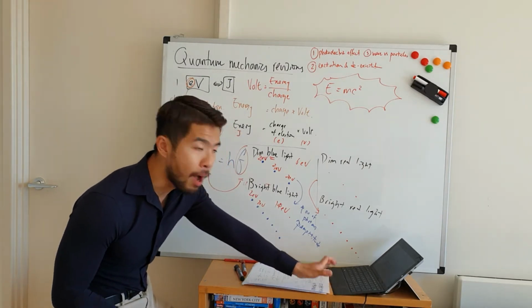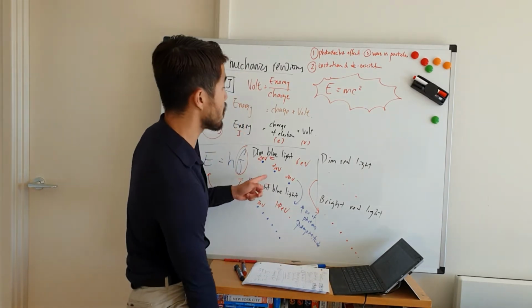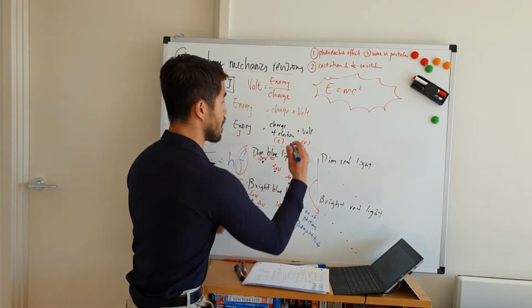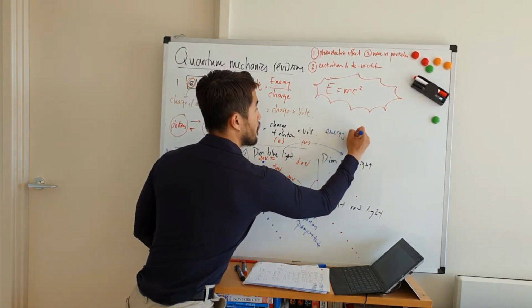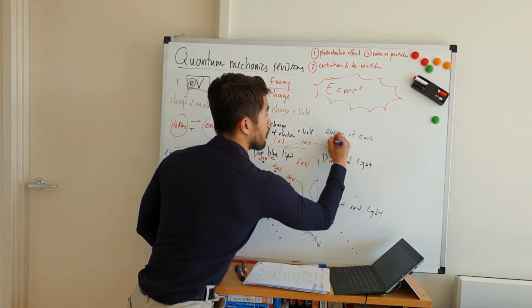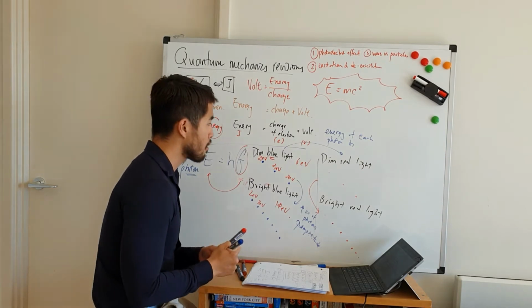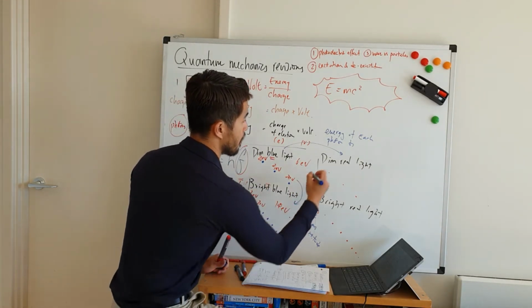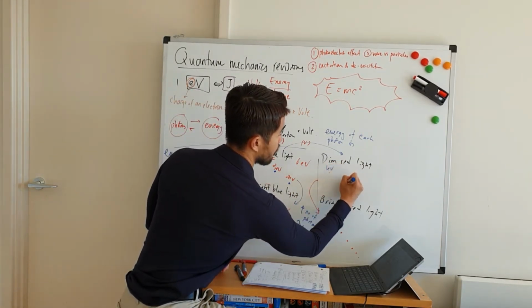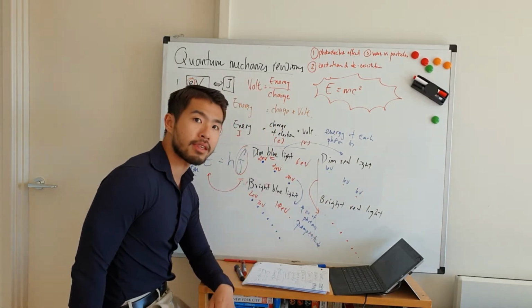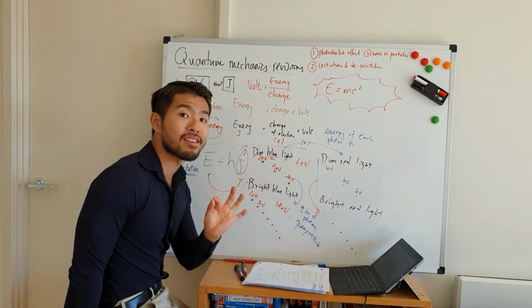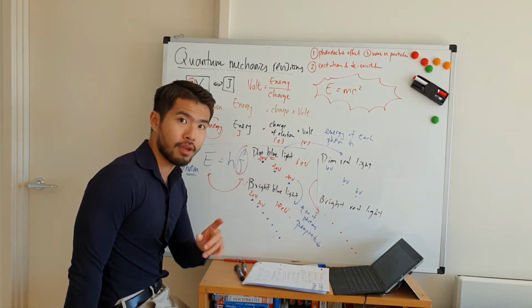But what changed between dim blue light and dim red light? The energy of each photon will decrease. That means that instead of 2 eV, it could be 1 eV, 1 eV, 1 eV. Do you see that? At the same brightness, both of them have the same amount of photons.